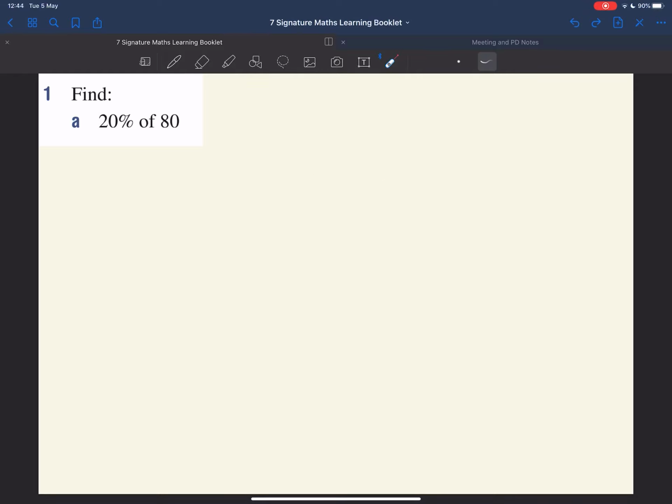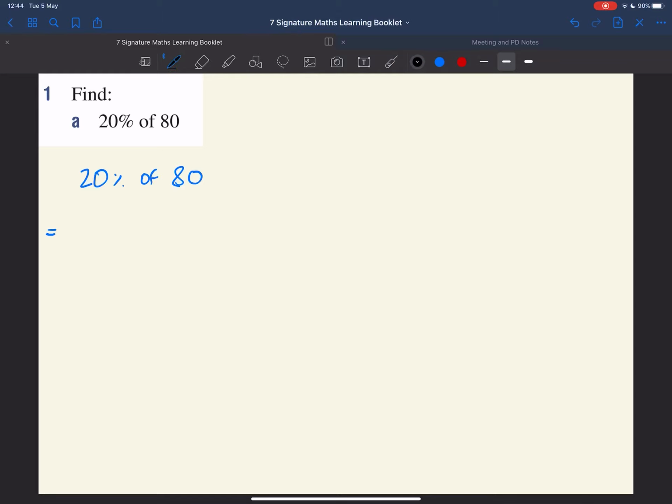Now, I'm going to write the question: 20% of 80. And I'm going to rewrite it. When we have a percentage and just a regular number, they're kind of like speaking different languages.